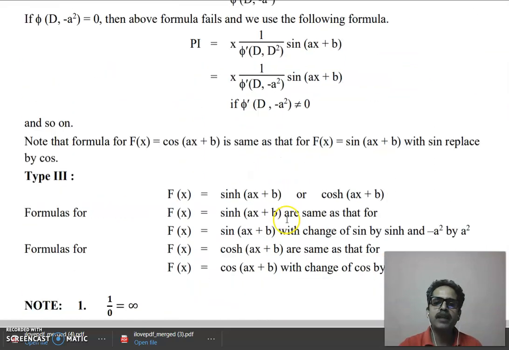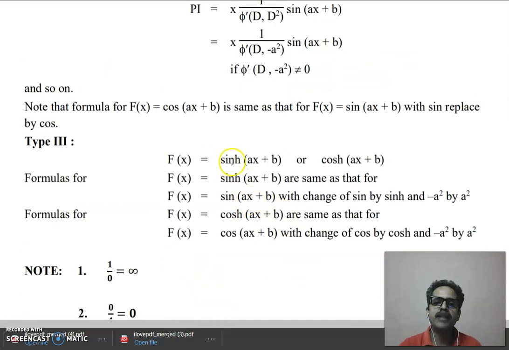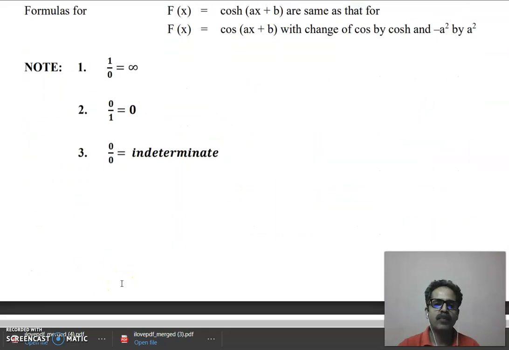And in the next type, when the functions are sinh and cosh, there you have to replace d square by a square and keep d and the constant term as they are. And we must see that 1 by 0 will not arise. If we find 1 by 0, then the formula fails and we have to write a new formula.